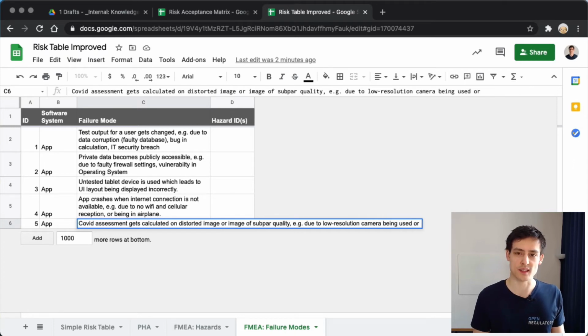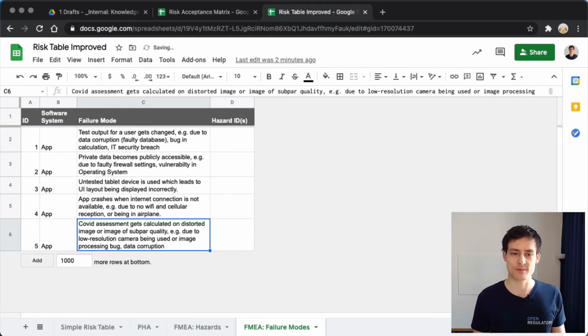Or you could even say other things like image processing bug, data corruption, all that stuff, anything which could lead to a crappy image entering your software.